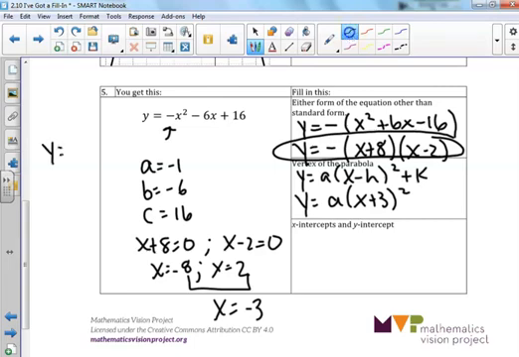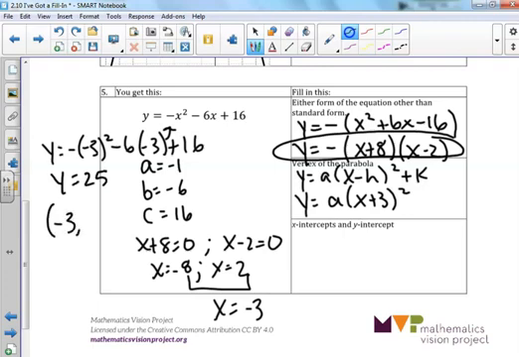So y equals −3 squared minus 6 times −3 plus 16. When we simplify that, we should get 25. So our vertex would be the point (−3, 25). Therefore, this number on the end should be plus 25.